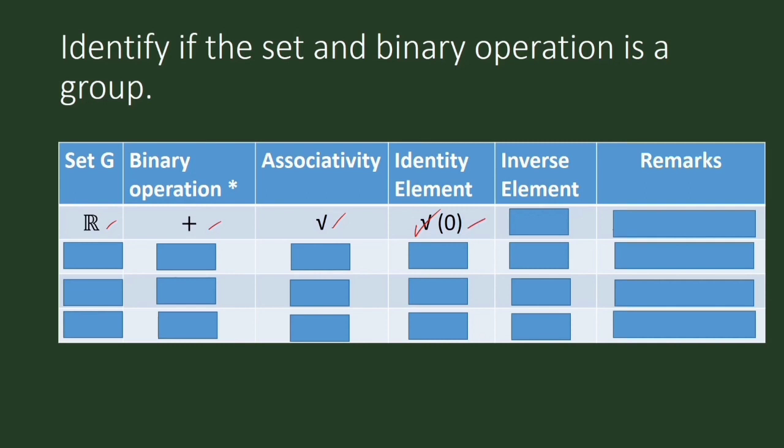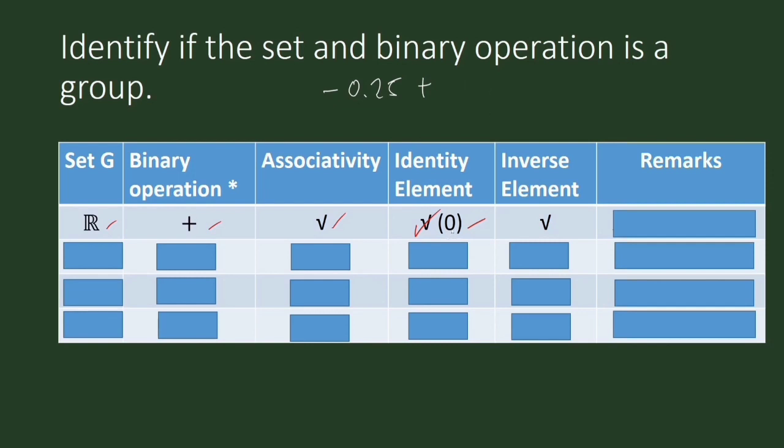How about the inverse element? Let's say, for example, I have a real number. Does it have an inverse in the set of real numbers under the operation of addition? Yes, again. For example, your real number is negative 0.25. What must you add to negative 0.25 so that you will obtain the identity element?